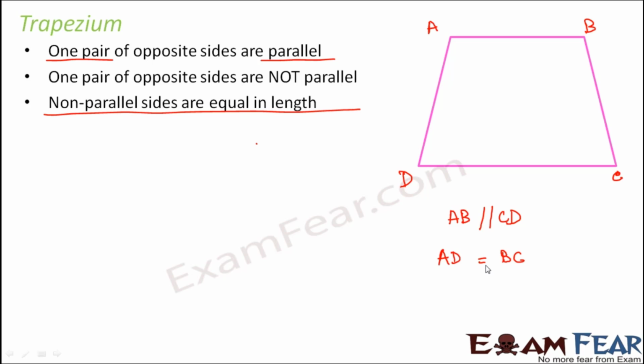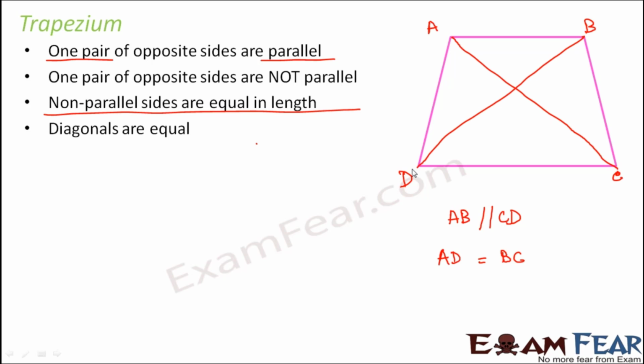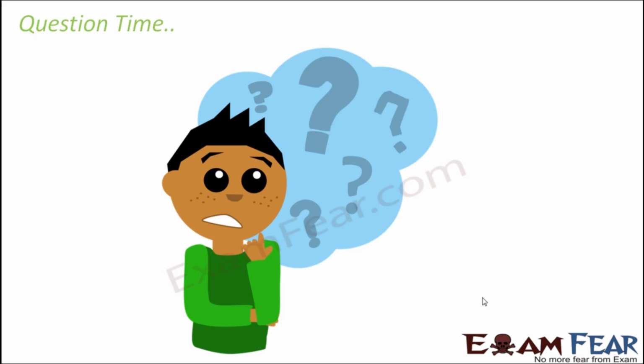So that is how we distinguish a trapezium. Here diagonals are equal. If you draw the diagonals AC and BD, these would be the two diagonals. So we see that AC is equal to BD in the case of a trapezium. So with this, we learned the properties of various types of quadrilaterals.